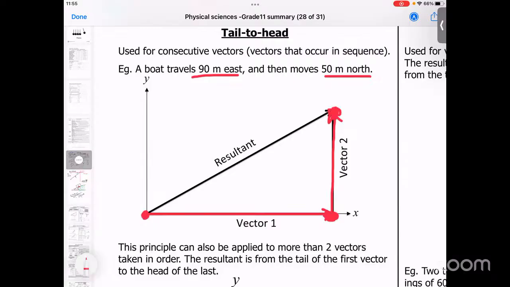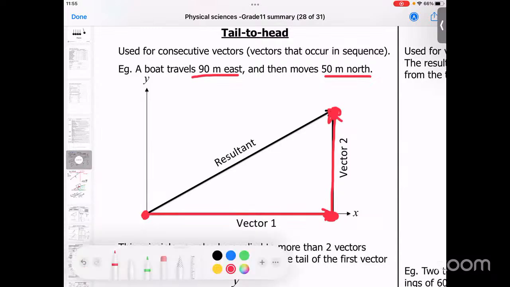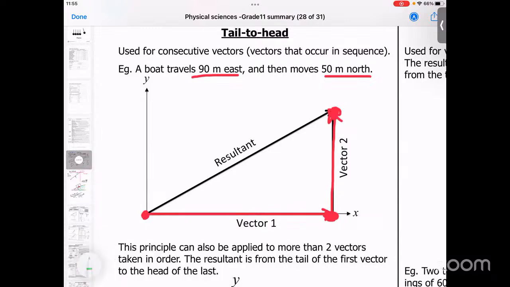But if you now call me and say, come, the boat has moved. For me, when I look at it, it looks like it just moved from that point to that point. So that would be the resultant if I come after it has shifted from point A to point B and C, whatever the situation might be. But for you looking at it, you have looked at it covering vector 1 and then vector 2, and you call me and say, come and see, it is no longer there. Where is it? It is there.